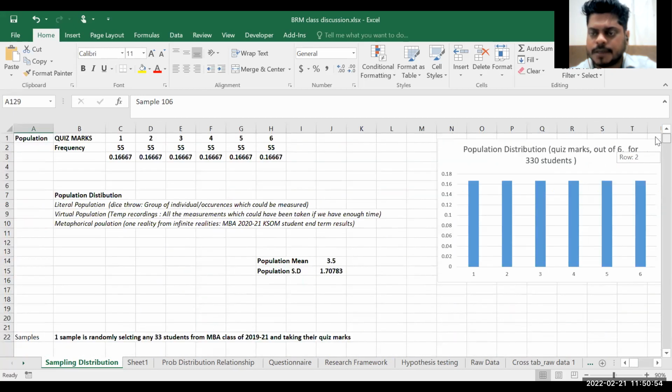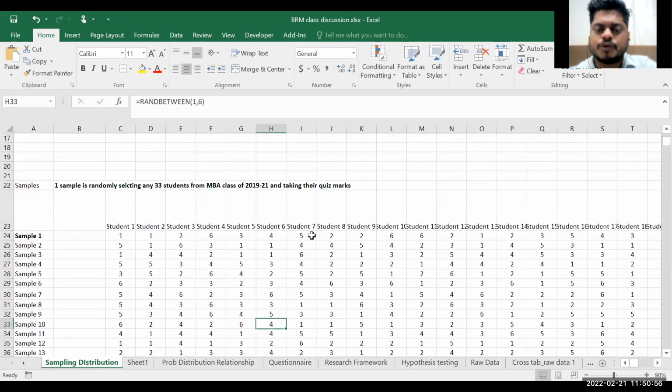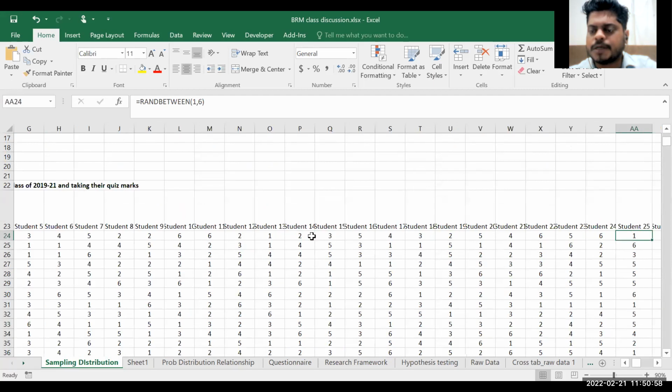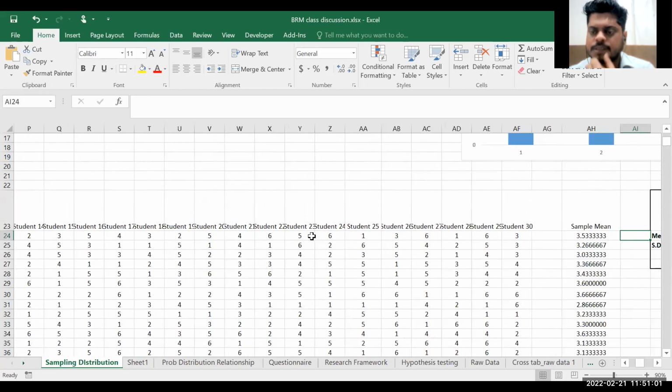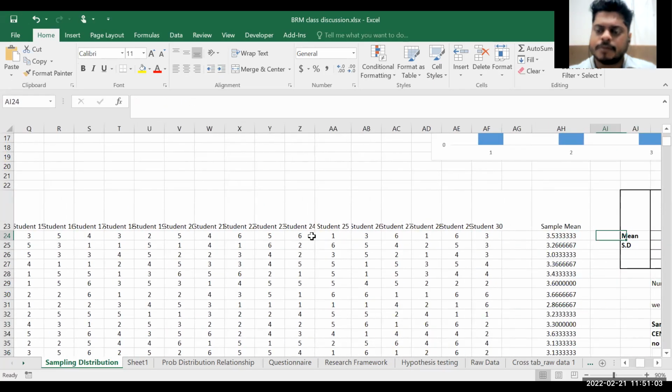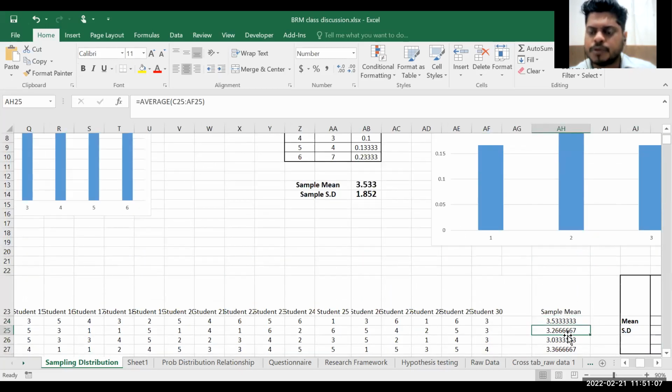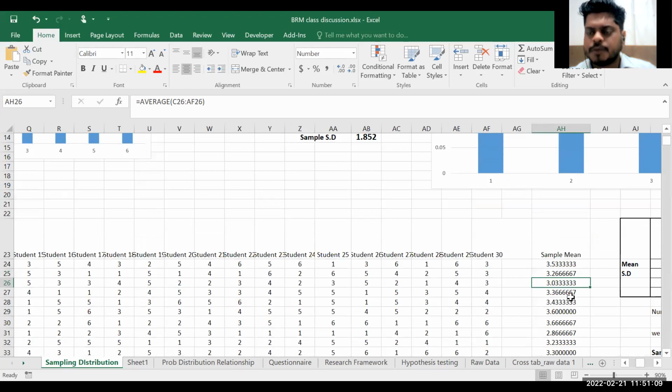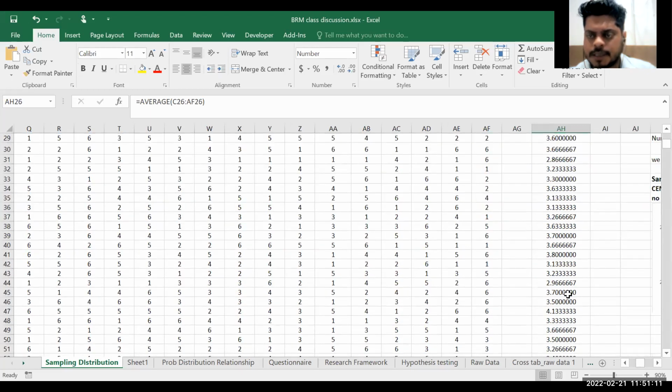For each of those samples, I have calculated the mean score. Sample means are like this: 3.53 for my first sample, shown at the top, 3.26 for sample 2, 3.03 for sample 3, like that. There are different sample means.